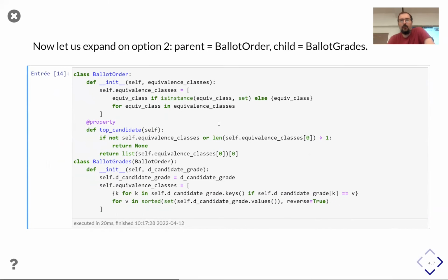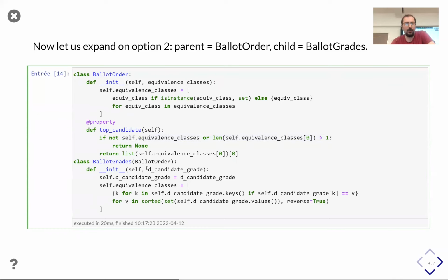Now if we look at option 2, since you're already convinced, I will be quick. For the BallotOrder, you record the equivalence classes. Here I only implemented a property, just for the example that is next, of extracting the top candidate.